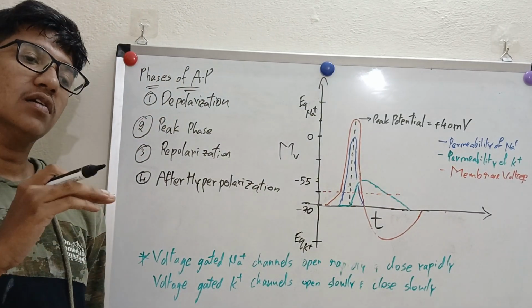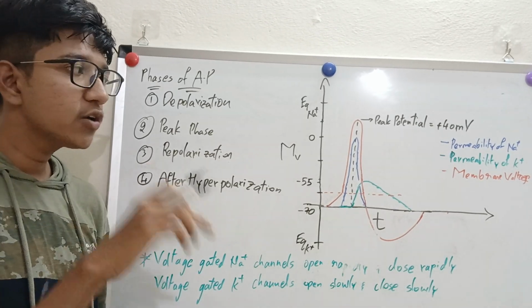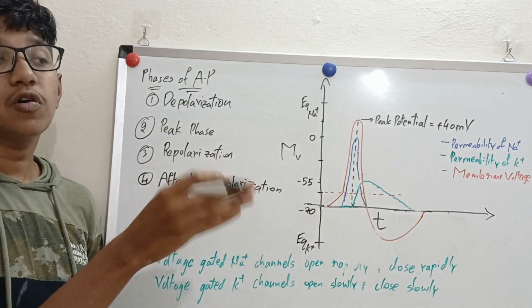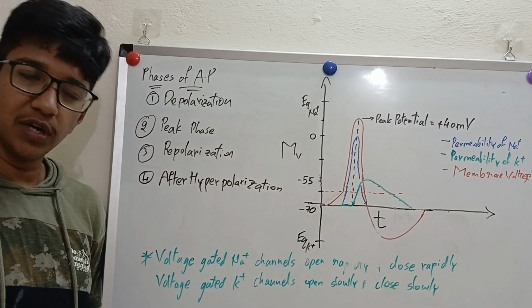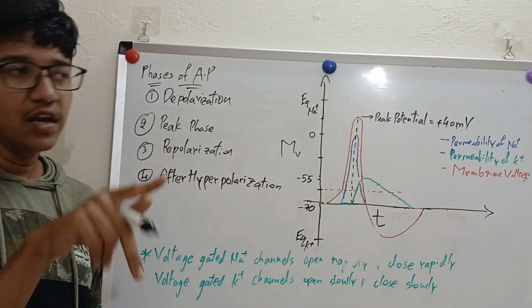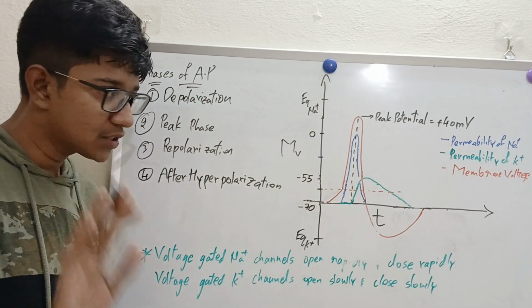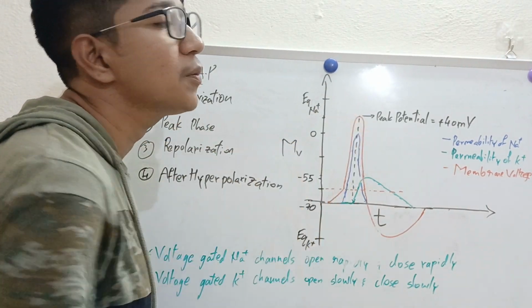When the membrane potential turns more positive, it causes more opening of voltage gated sodium ion channels. This more opening causes a more positive change in membrane potential, which causes more opening. So this causes a loop. We call it a positive feedback cycle. This positive feedback cycle is responsible for the rapid rise in membrane potential up to the peak potential.